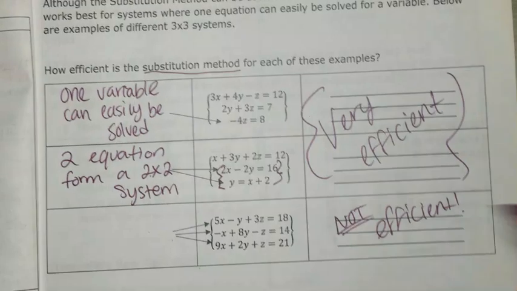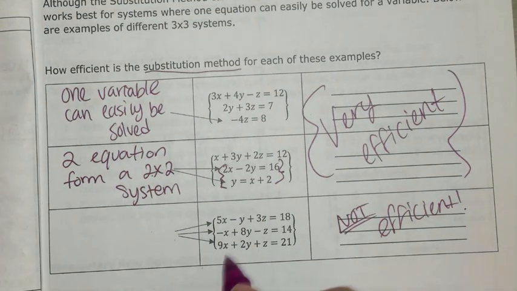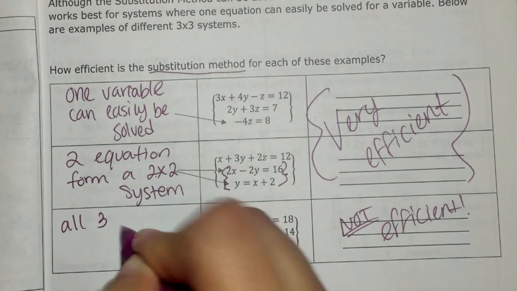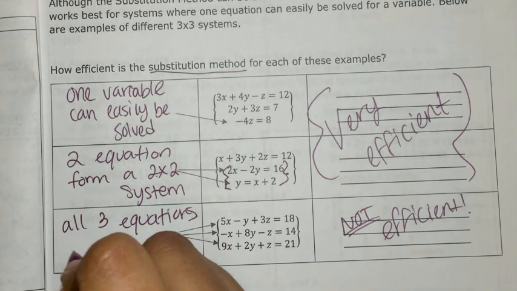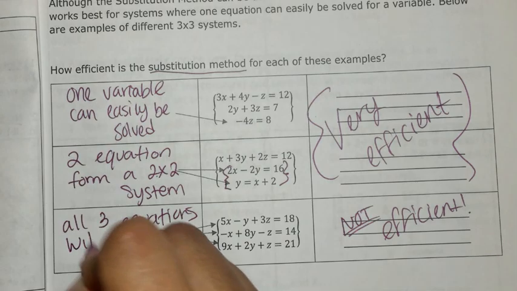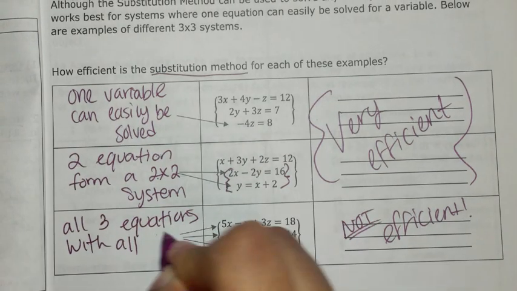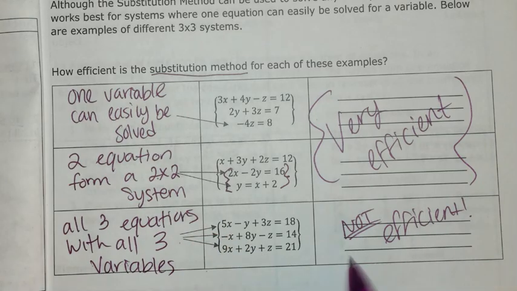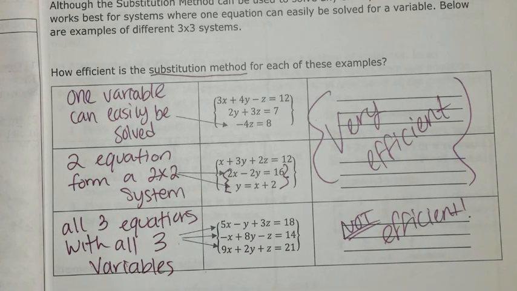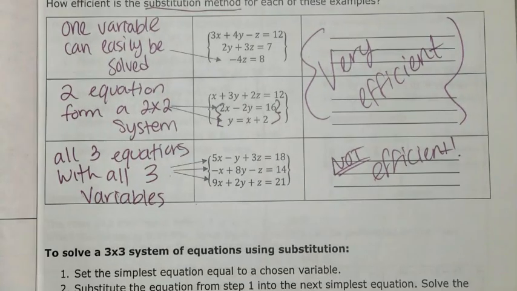And the reason why is because you have all three equations with all three variables. So there'll be other methods that could be used to solve for the solution of the system when all three variables exist. We'll learn those in the future.